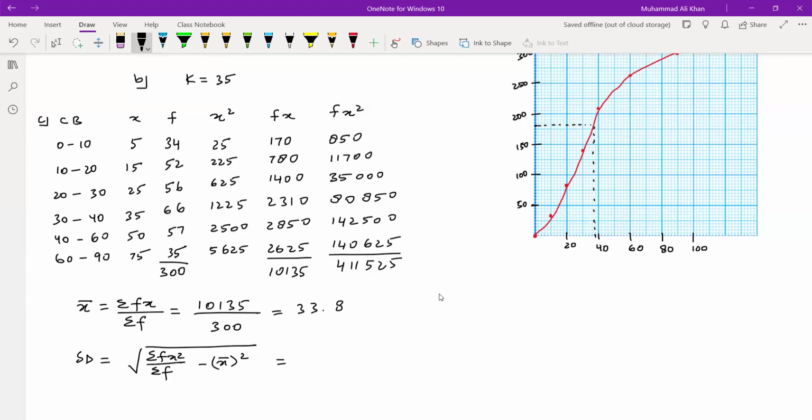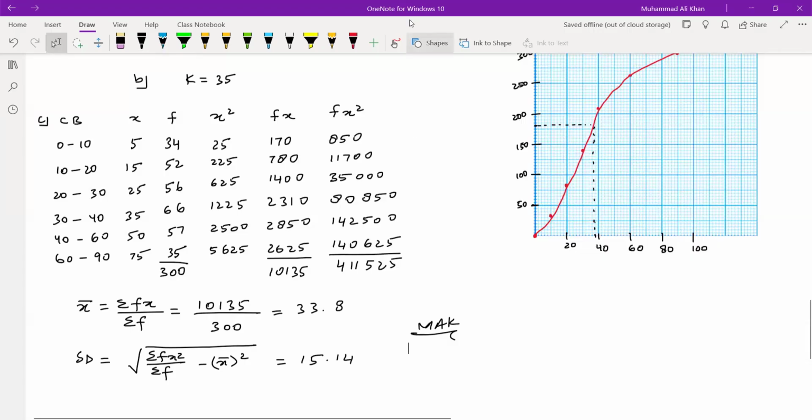So it will be 10 under root. The final answer is 15.14. These are standard deviation and mean of the given question. Again, it's not a difficult question, a simple question of 6 marks.